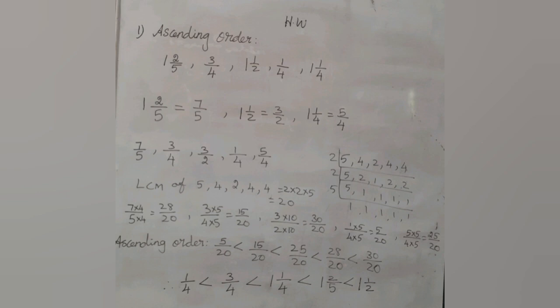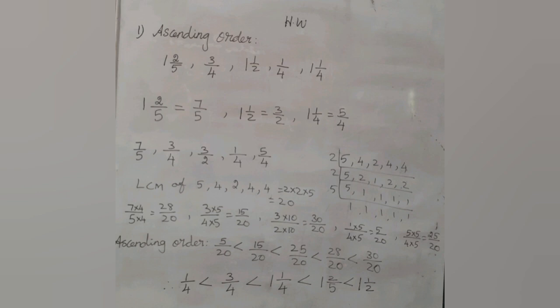Okay, now we can change the denominator. We got the same denominator. Denominator is 20, isn't it? So, we can arrange in ascending order: 5 by 20 less than 15 by 20 less than 25 by 20 less than 28 by 20 less than 30 by 20.